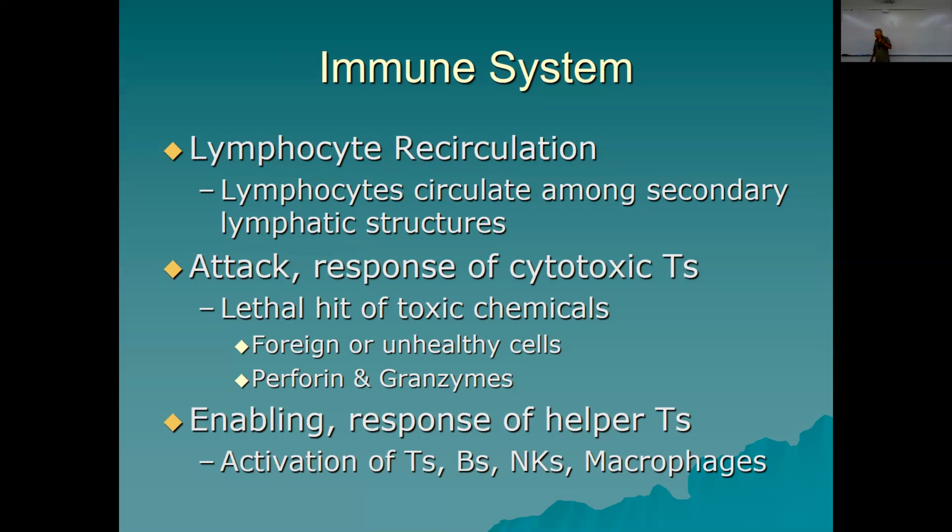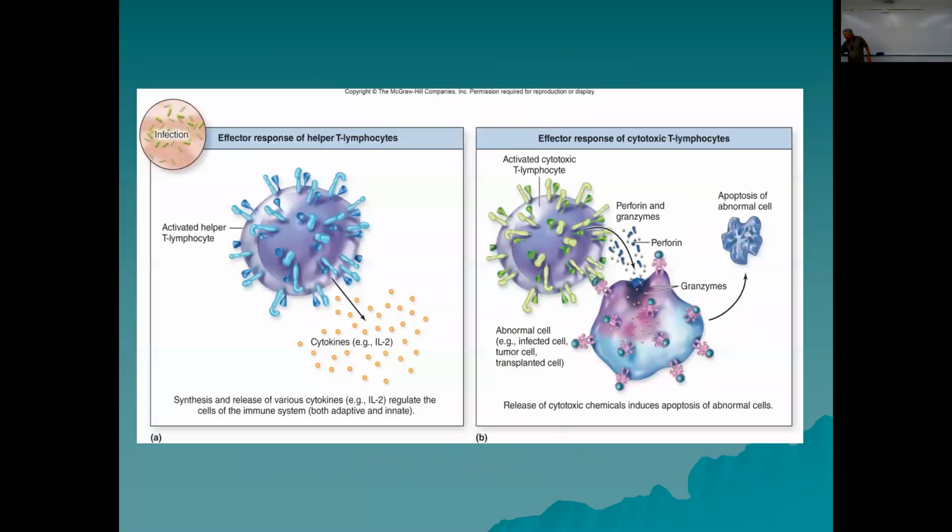So the response of helper T cells is that it's an enabler. It helps all the other cells. It helps to activate cytotoxic T cells, B cells, NK or natural killer cells, and macrophages. They're all stimulated by helper T cells. So there's the effective response of helper T cells to the left: it secretes interleukins.